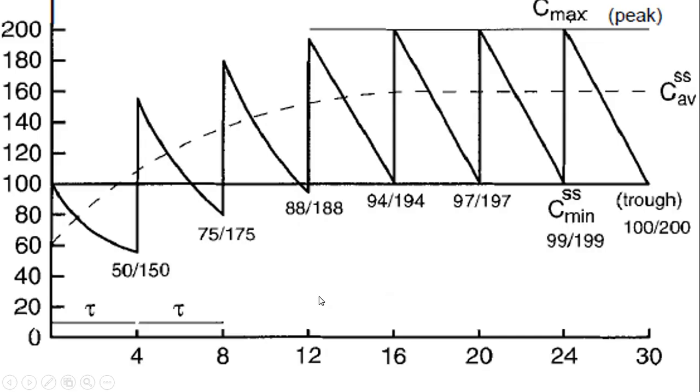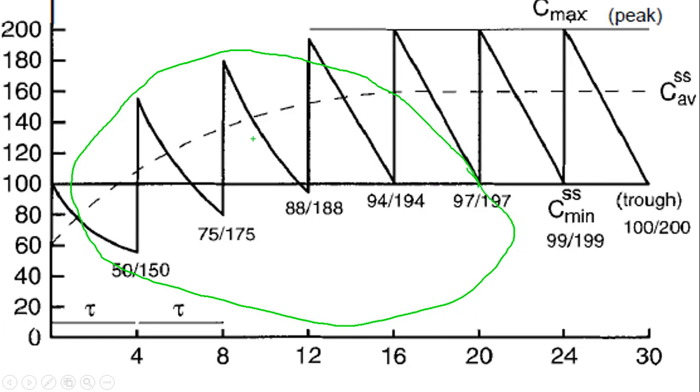Now the maintenance dose. Which is the maintenance dose in this diagram? Look, in about 4 to 5 half-lives you achieve the steady state plasma concentration, isn't it?